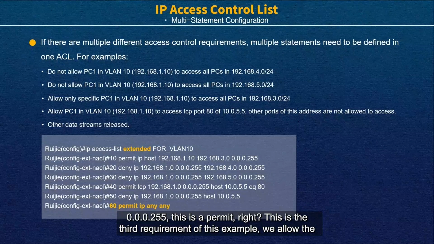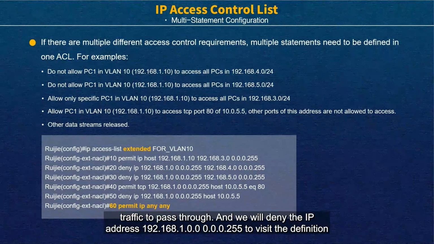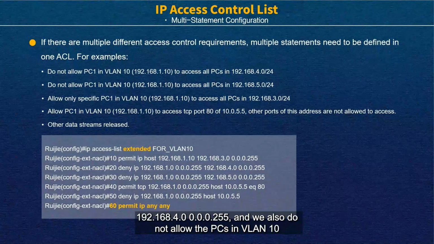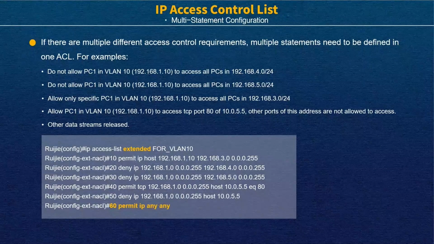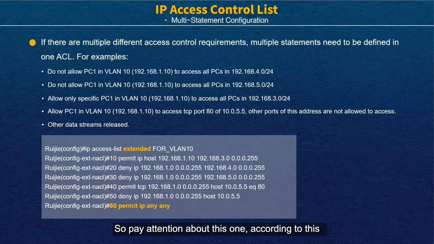This is the third requirement of this example. We allow the traffic to pass through, and we will deny the IP address 192.168.1.0 to the destination 192.168.4.0 with wildcard 0.0.0.255. And we also do not allow the PCs in VLAN 10, 192.168.1.0 0.0.0.255, to reach the segment 192.168.5.0. So pay attention to this one.